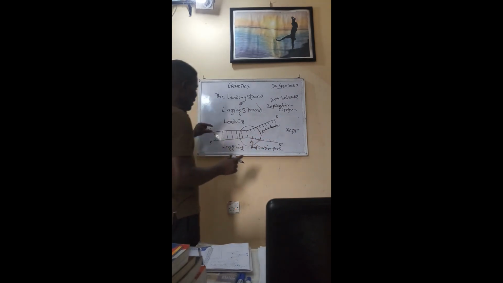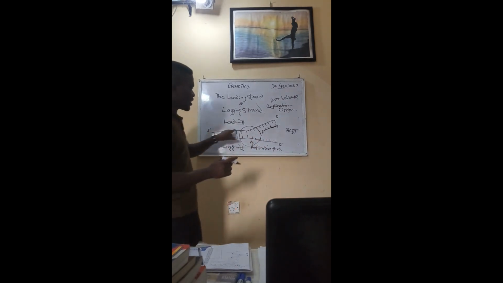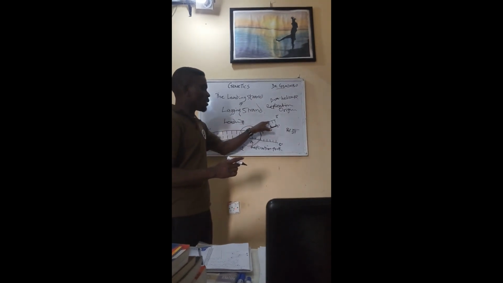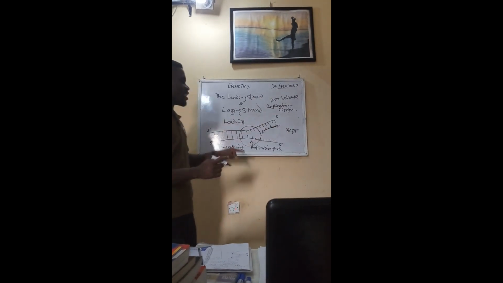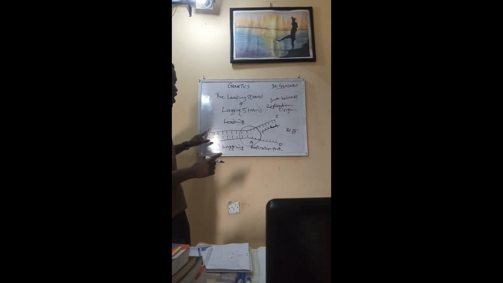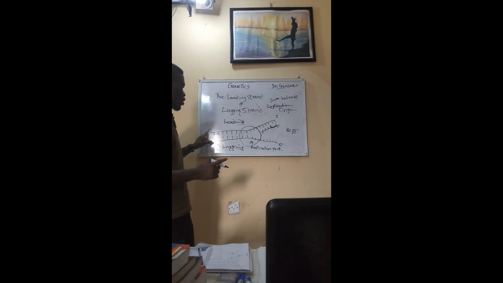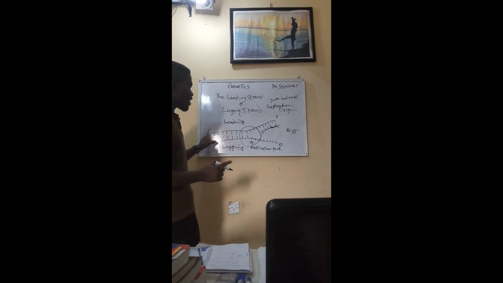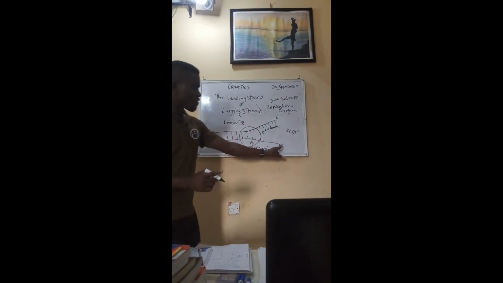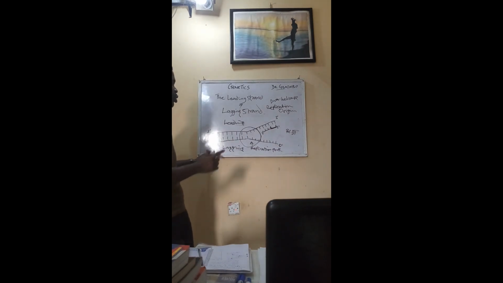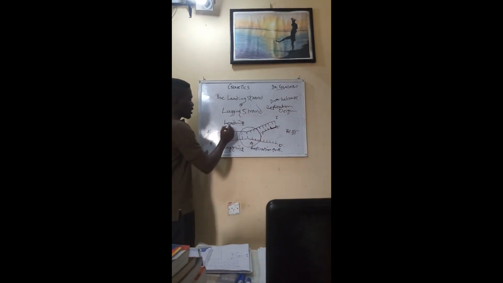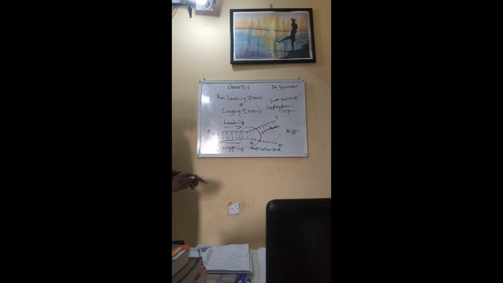Now, I want to note that to synthesize this DNA, it can only take place in the 5 prime to 3 prime direction. So DNA synthesis on this strand can only take place in this direction, and on this strand in this direction.